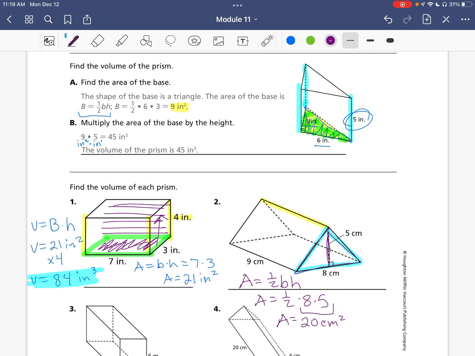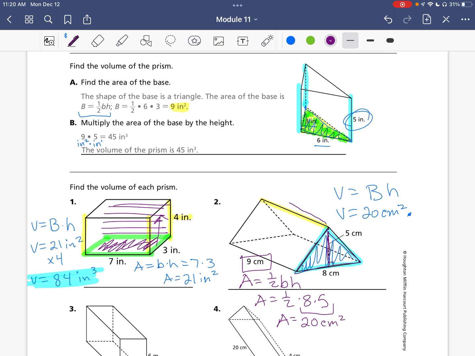So the area of our base, that capital B, will be 20 centimeters squared. And then we need to multiply that by our height, which is right here.